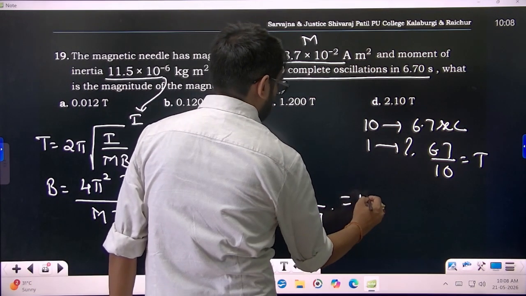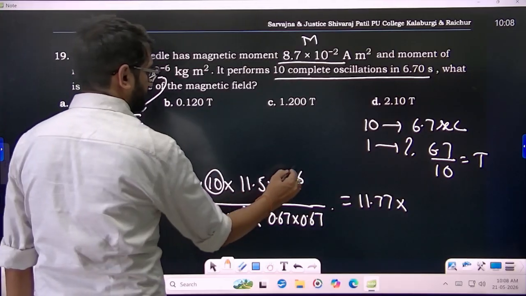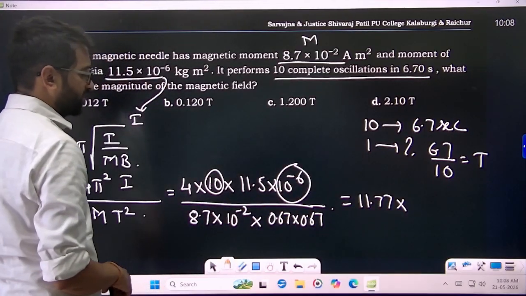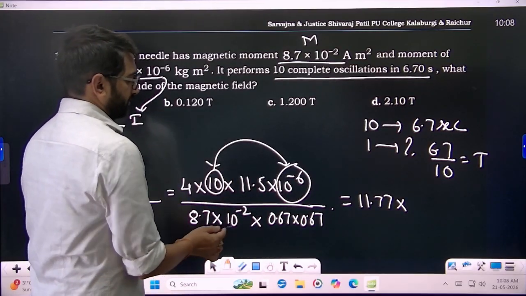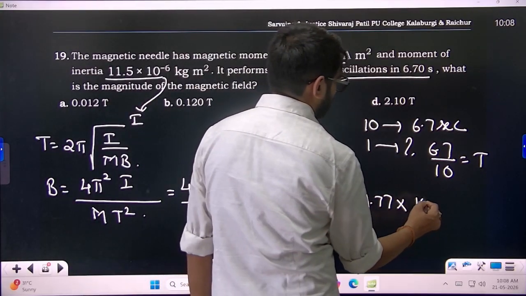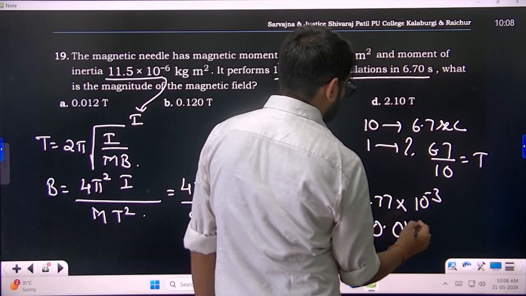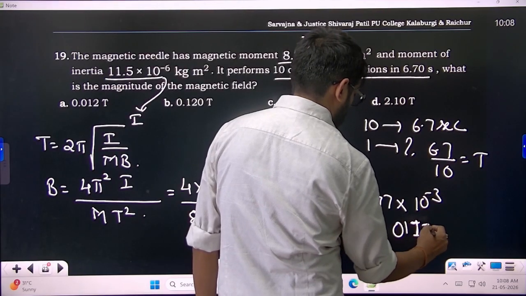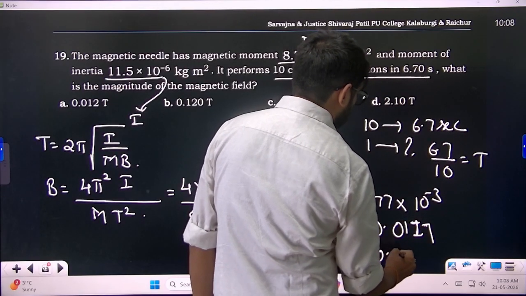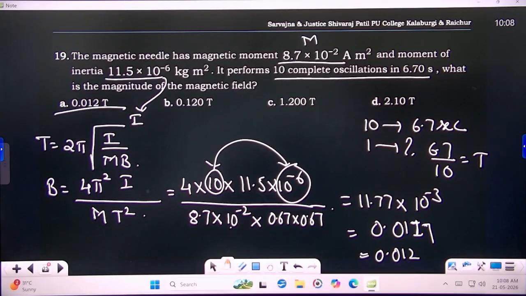So 11.77 into, now let us go with 10 powers. This is 10 power minus 5, 10 power minus 5, and this is 10 power. So this is 10 to the power of minus 3. So this will be equal to 0.0117. So 0.012. Check if there is any option. 0.012 approximately. So first option is the answer.